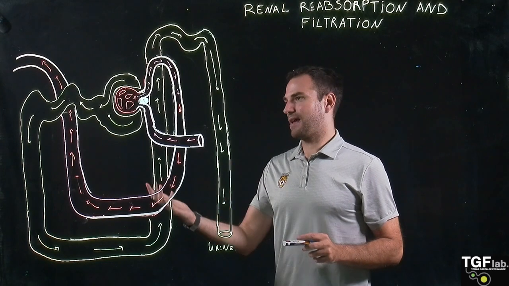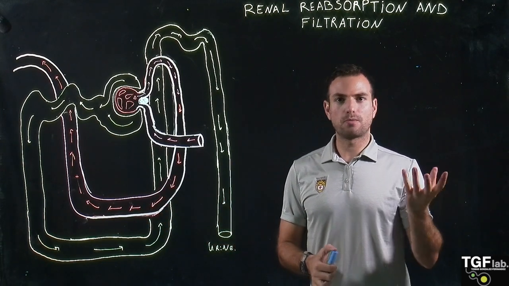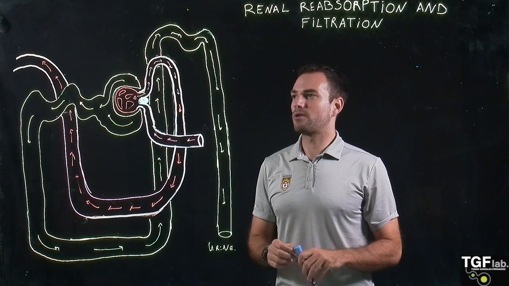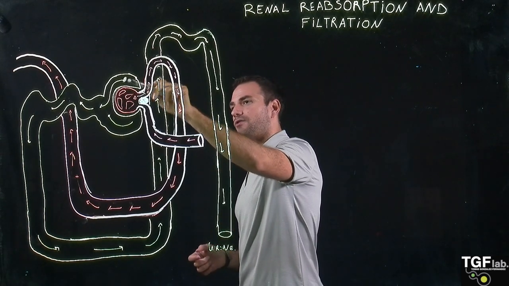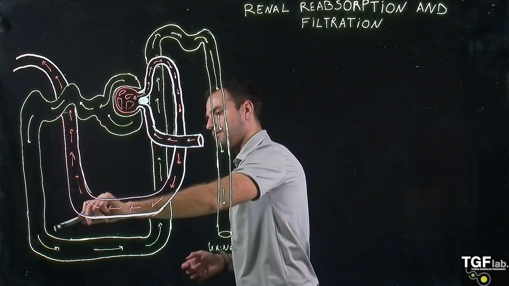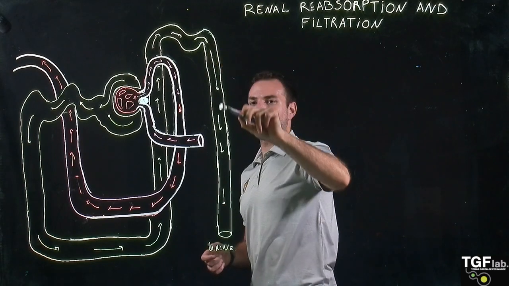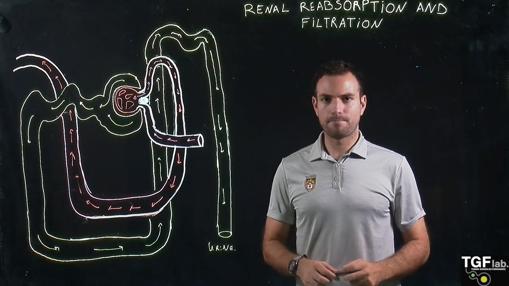And then in the other direction, we have the tubular fluid. So the tubular fluid is everything that we have filtrated at the glomerulus. The tubular fluid is going to go from the glomerulus through the different parts of the tubules and the tubes, back here, and then it's going to go to the collecting duct to be disposed as urine.